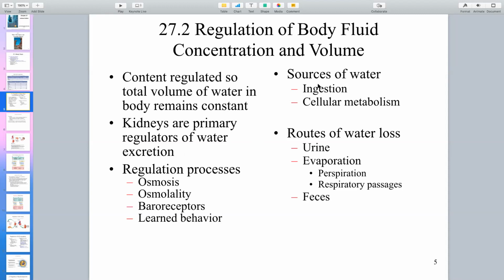Now, in terms of where we get our fluid from, the biggest one is ingestion. Now we do see cellular metabolism producing water, but that's a minimal amount. Remember, when we produce ATP by glycolysis, the citric acid cycle and mitochondrial electron transport, one of the final byproducts is water and carbon dioxide.